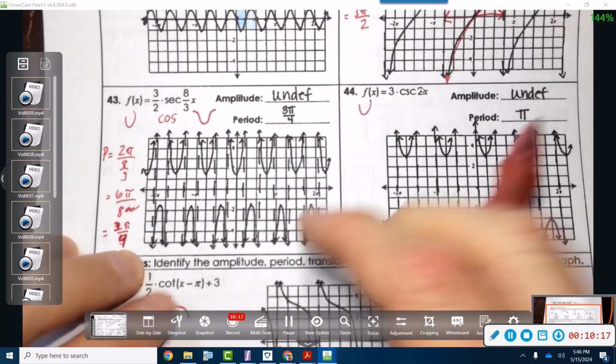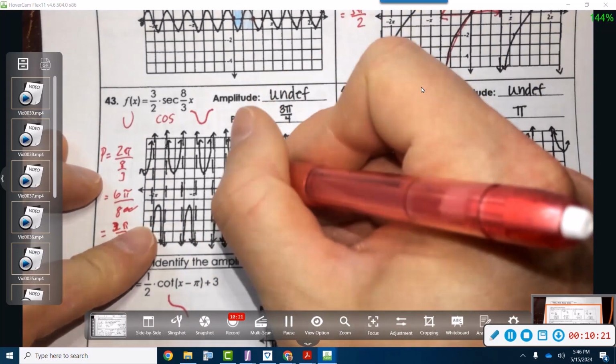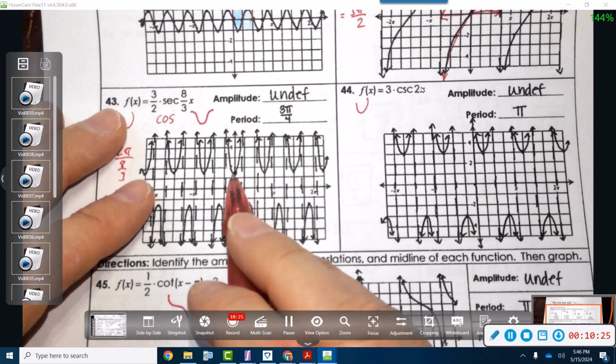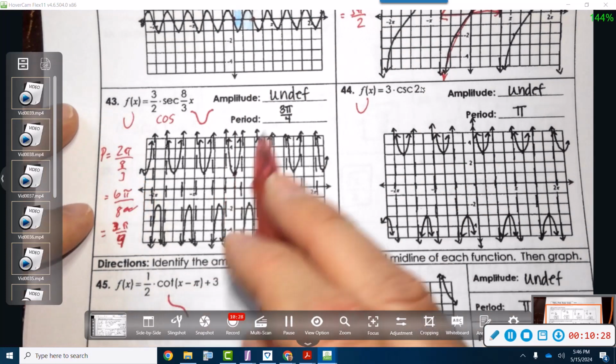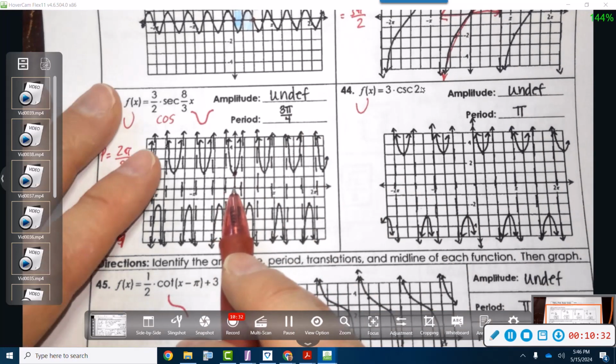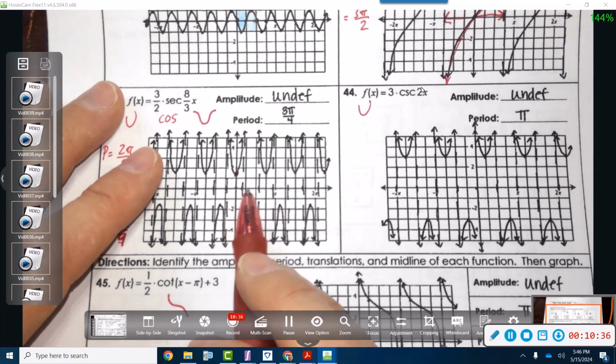So we're going to go to 0, 0. Okay, and now we're going to go up 1.5. And we're going to go to 3 pi over 4. Now 3 pi over 4, this looks a little messy here, but there's pi, so 1, 2, 3.